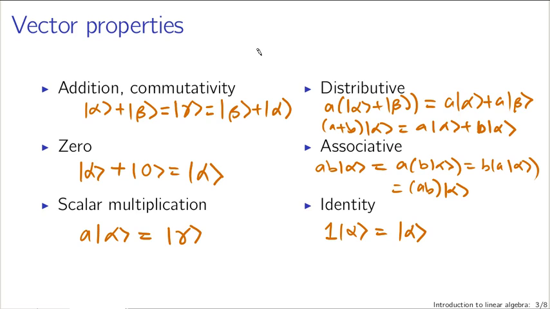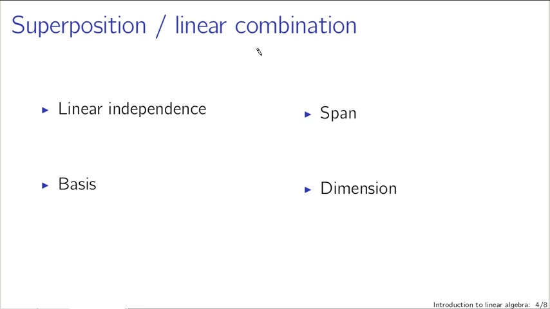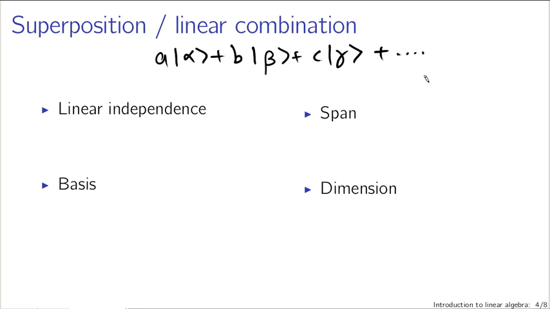Moving beyond the basic structure, one nice feature of vectors in linear algebra is that we can make linear combinations of them. For instance, if I have some scalar A times vector alpha plus scalar B times vector beta plus scalar C times vector gamma plus etc., I have a combination of vectors, each multiplied by scalars and all added together.